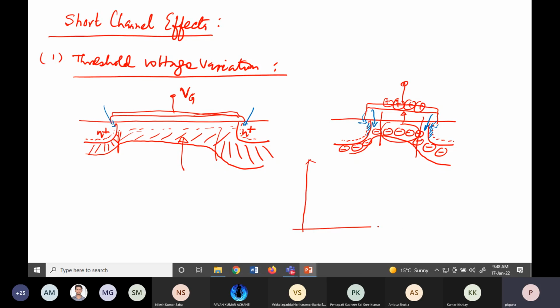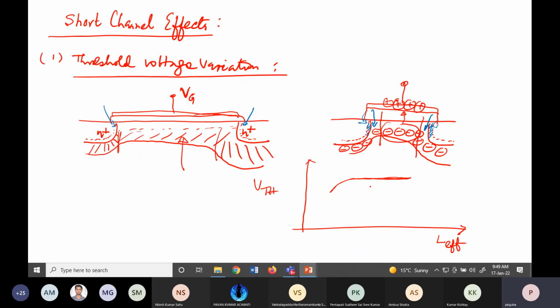So if I plot VTH versus channel length, or L effective, okay, you will see that with reduction in channel length, initially the voltage will not decrease, but if we keep on reducing it, at some point there will be a reduction in the threshold voltage, okay.